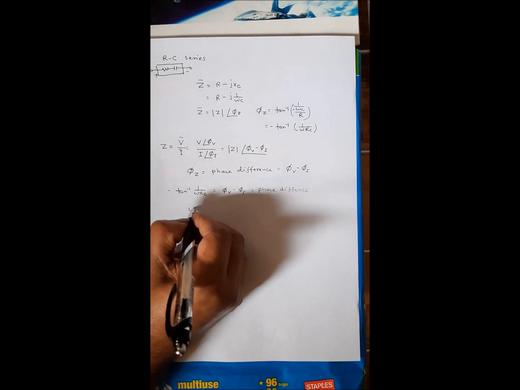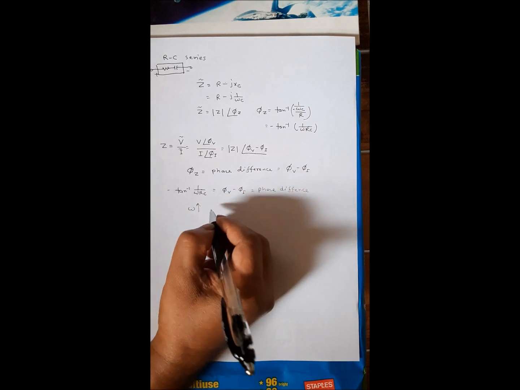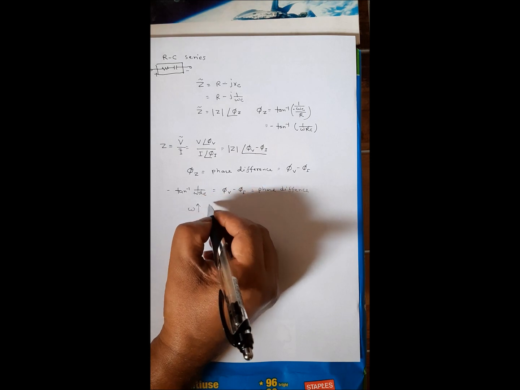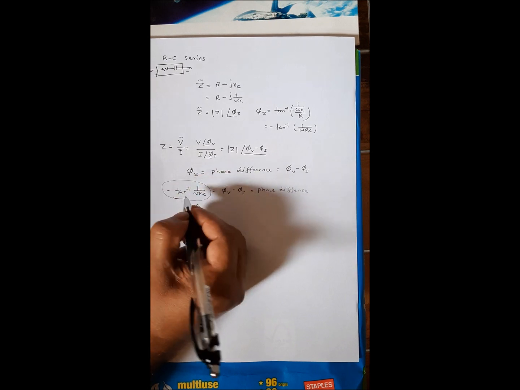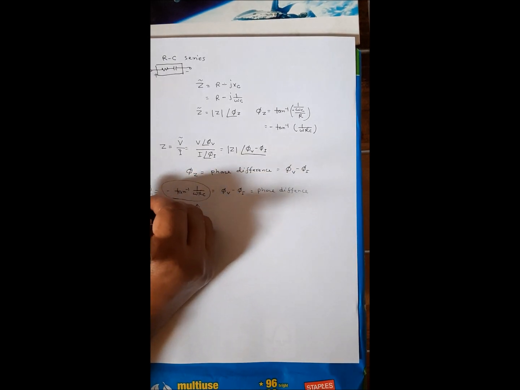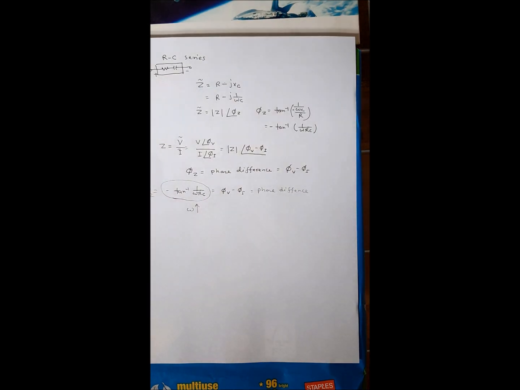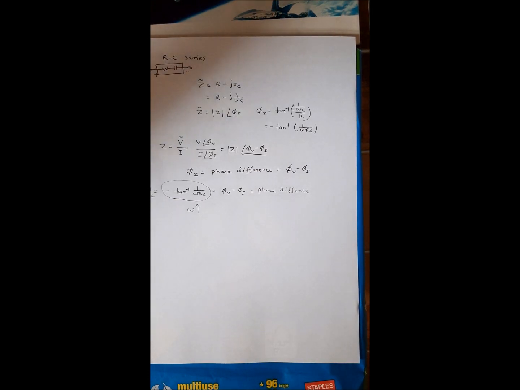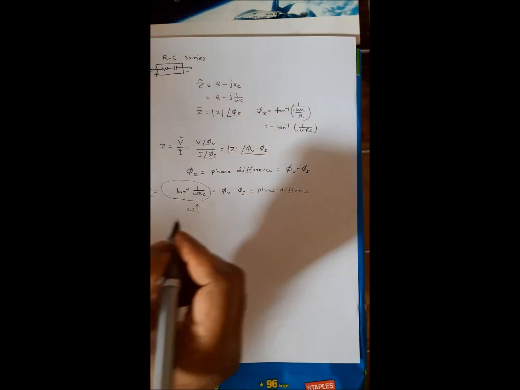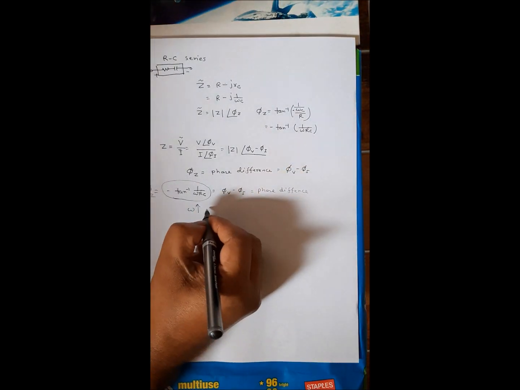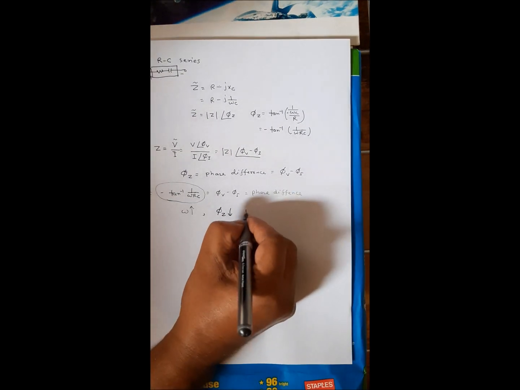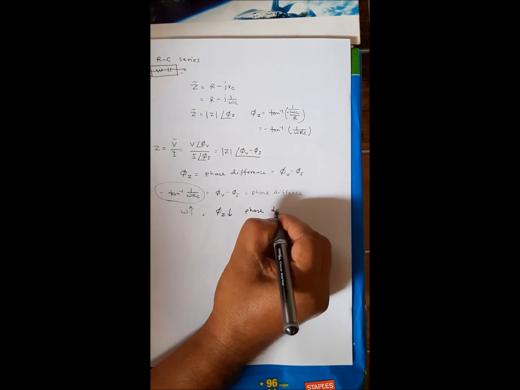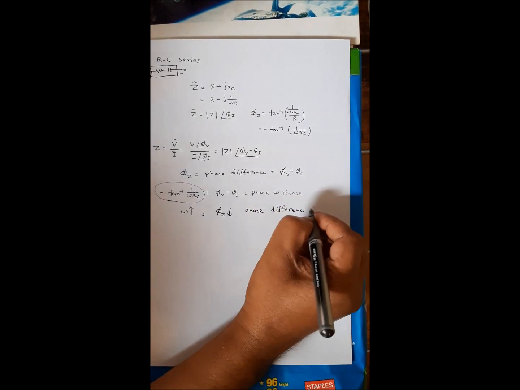Now if you look, if we increase the omega, then this value, that is phi z, will decrease, and the phase difference will decrease.